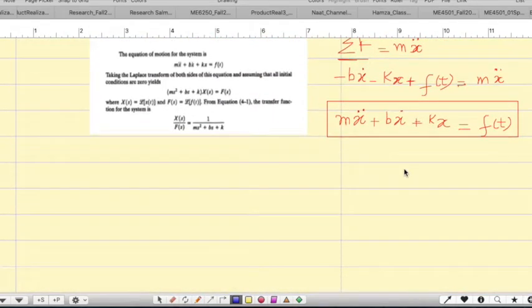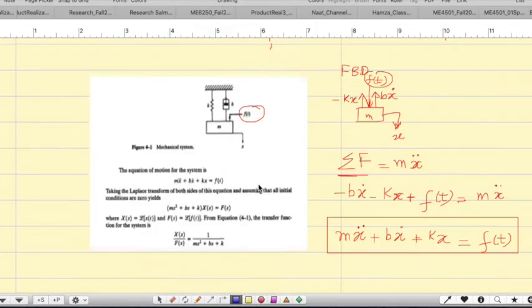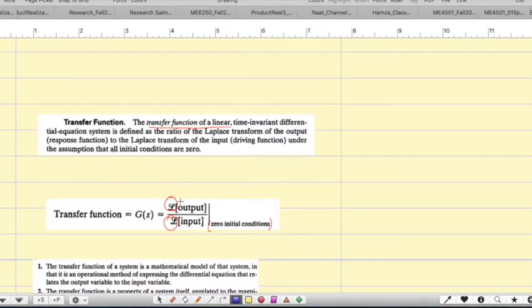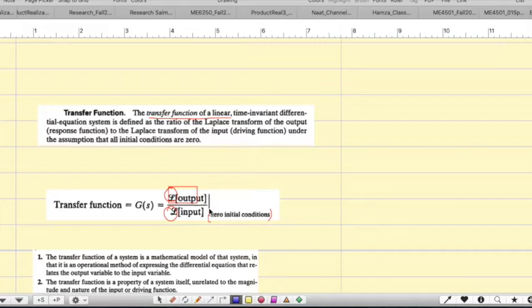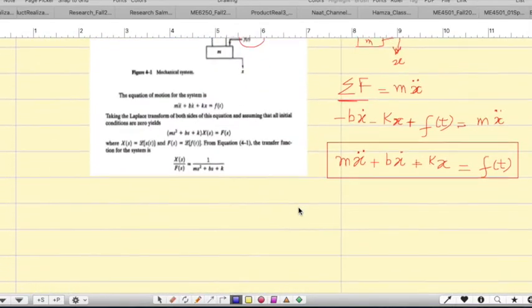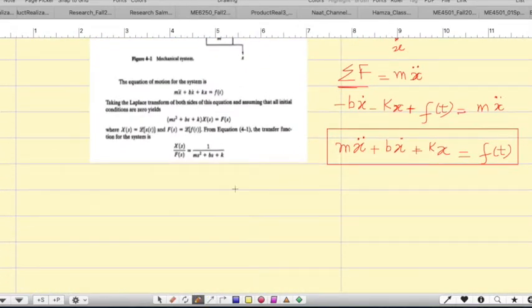And after that, how will you find out the transfer function? The definition states that it is the Laplace transform of the output over the Laplace transform of the input at zero initial conditions. So let's see. I'm going to find out, this is my output and this is my input.